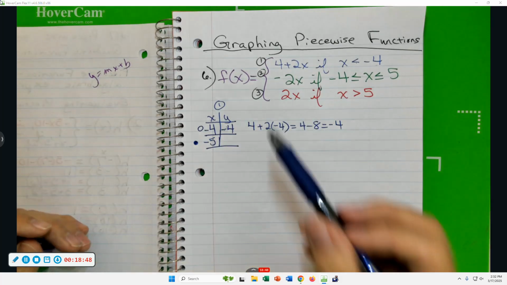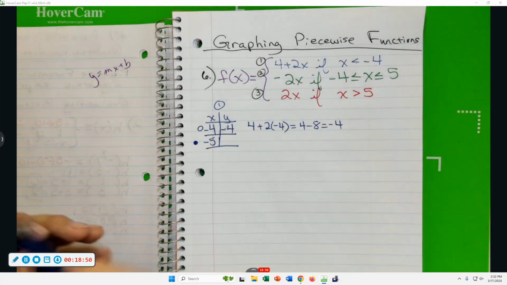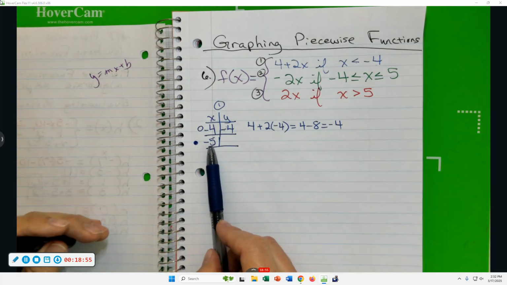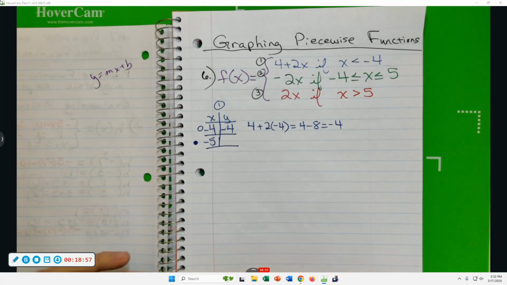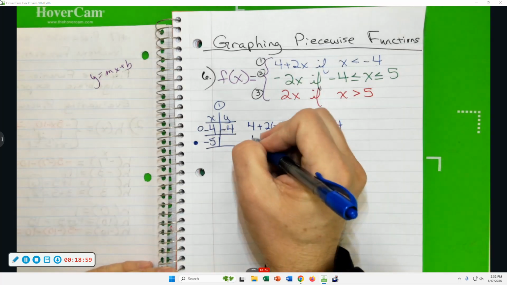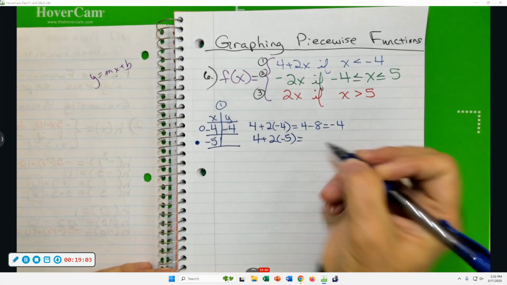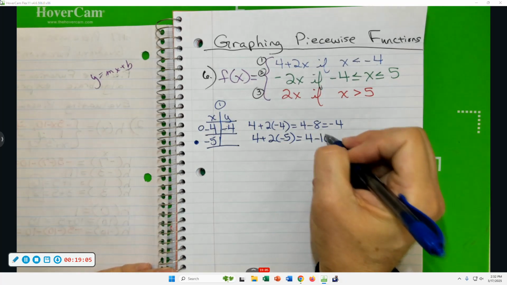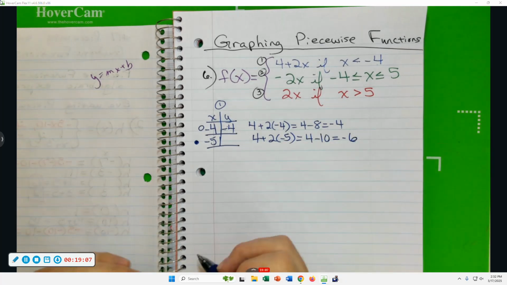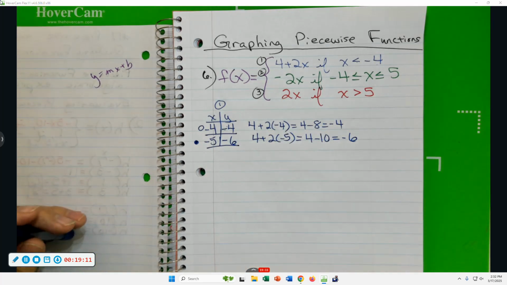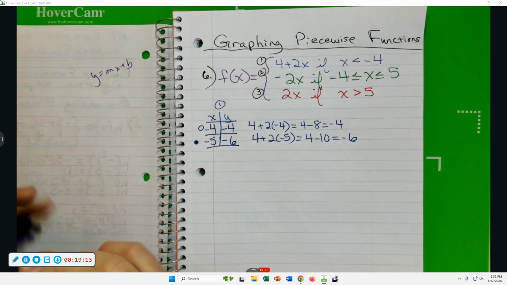We plugged -4 into the blue piece. Now let's plug -5 into the blue piece. 4 plus 2 times -5, that's a 4 minus 10, which gives me a y value of -6. You may not see why we're doing this yet, but any questions on what we've done?